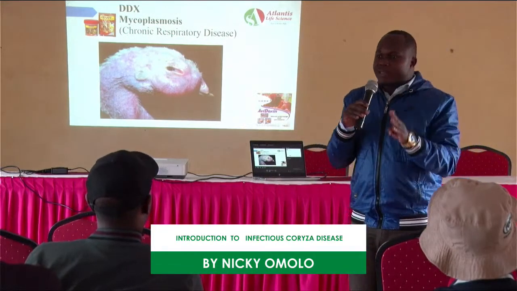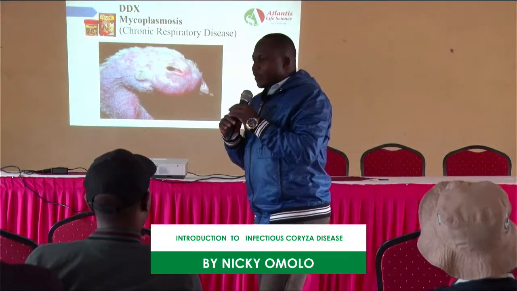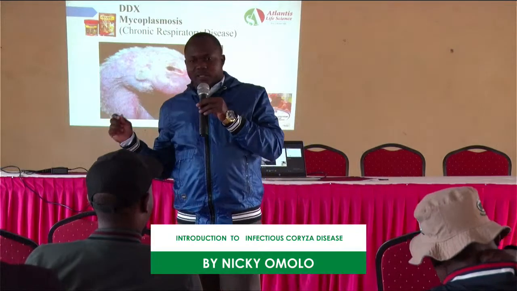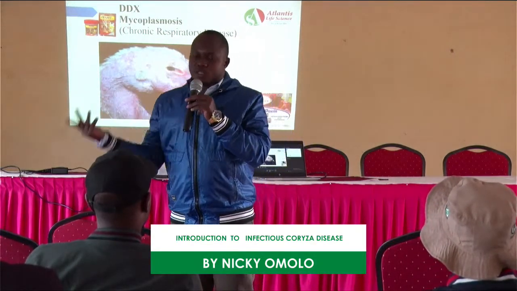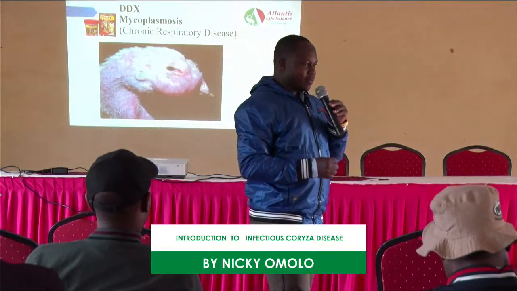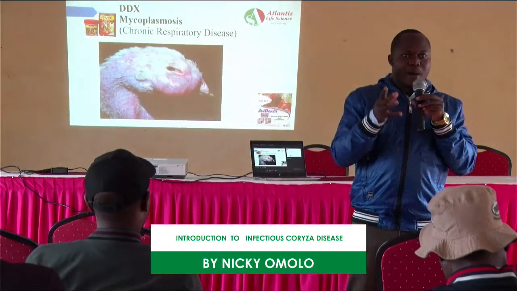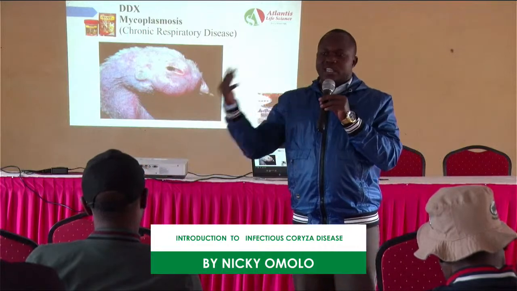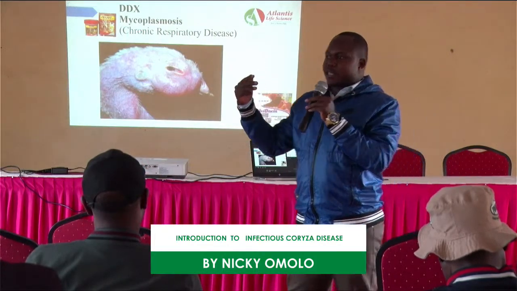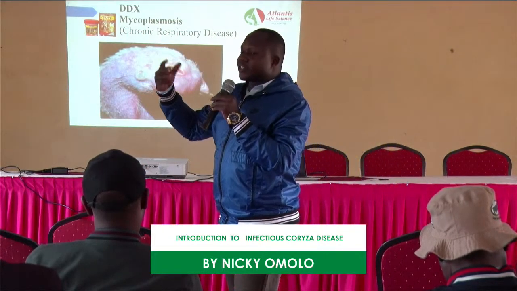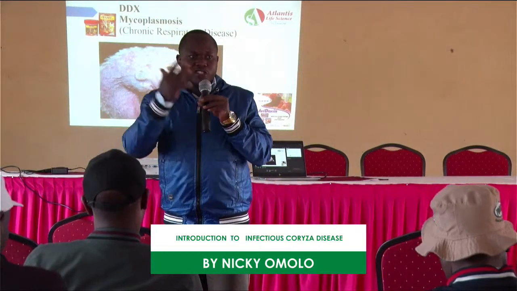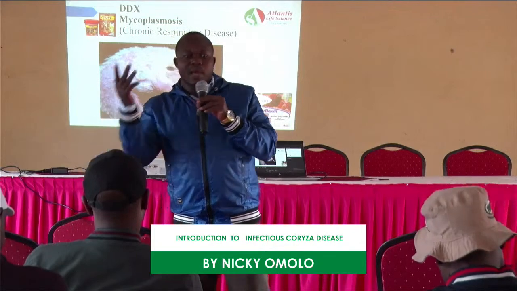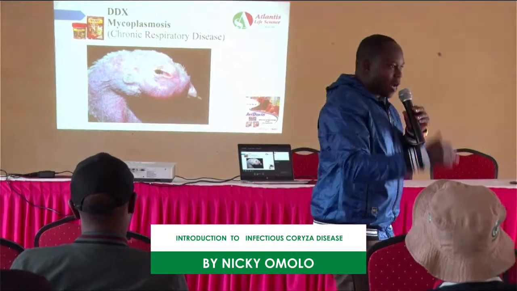If the birds are not at the late stage, then you have no option but to sacrifice one bird and do a postmortem. Are we together? When we do a postmortem, if the birds are near lay, you'll see that there is significant destruction in the reproductive system for infectious bronchitis, which will be absent in infectious coryza.